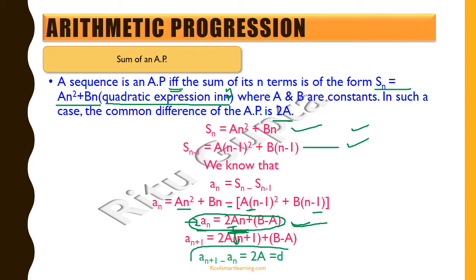And we anyways know that if the nth term is a linear expression in n, then the coefficient of n is the common difference. So simply using that, we get the common difference to be 2a. So a sequence is an AP if and only if the sum of the n terms is of the form an square plus bn, which is a quadratic expression in n, and then the common difference of that AP would be 2a.